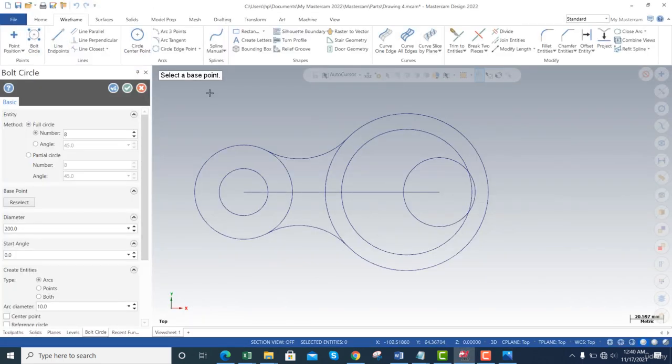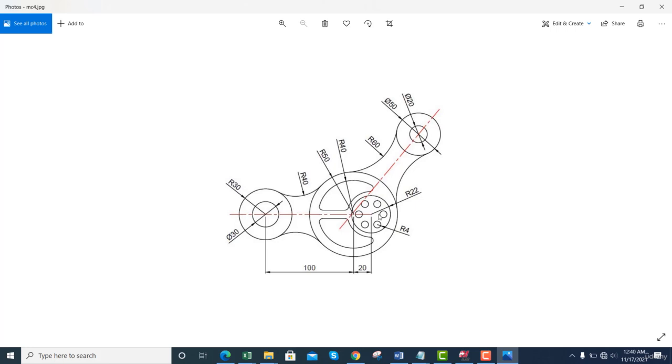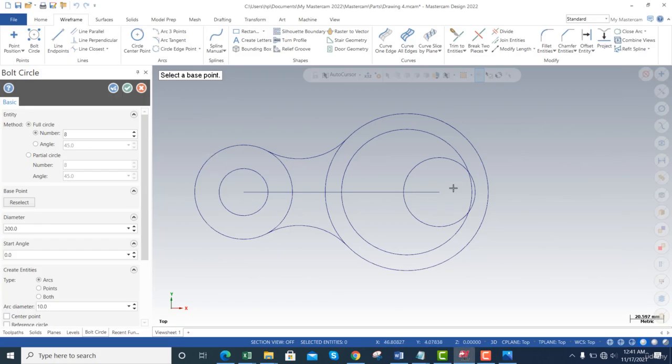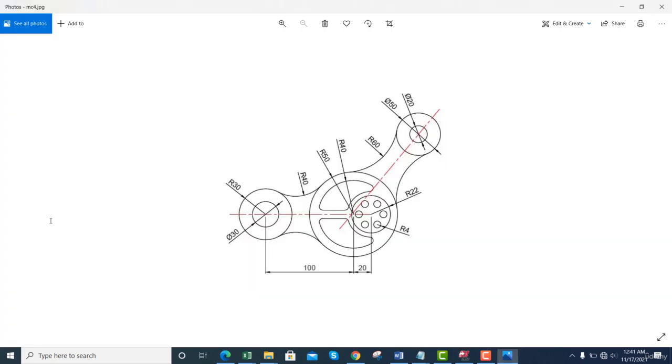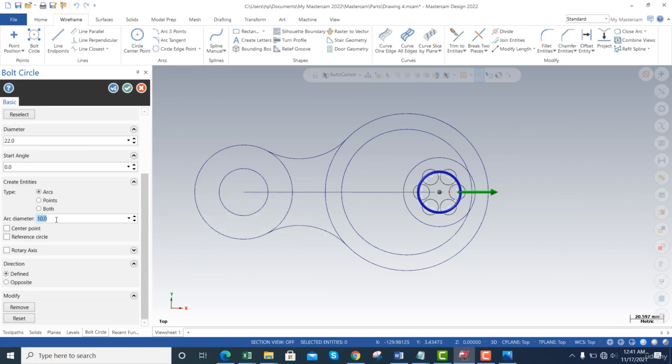I will go to bolt hole circle and 1, 3 and 36. We have 6 circles. So select a base point, we have 6 circles and the diameter of 22. Okay, and we have the arcs of radius 4, meaning diameter 8.